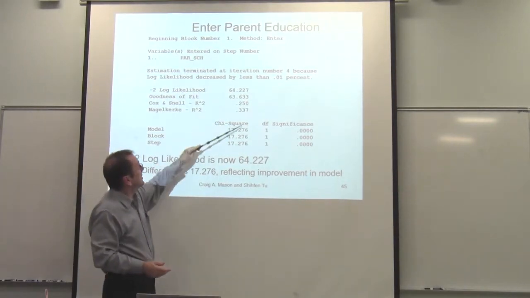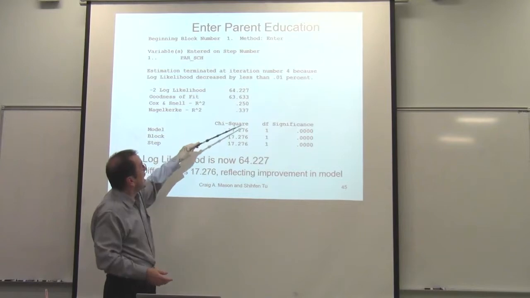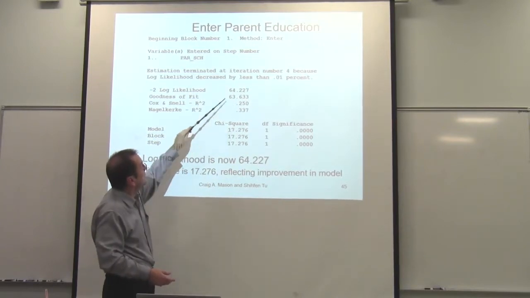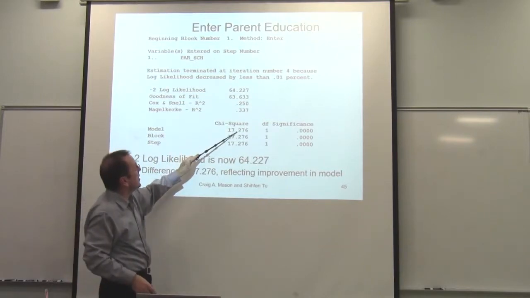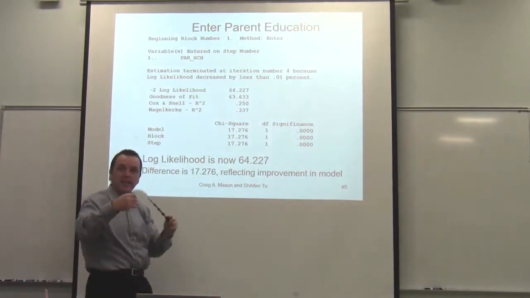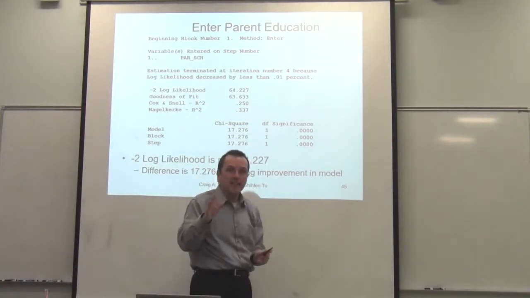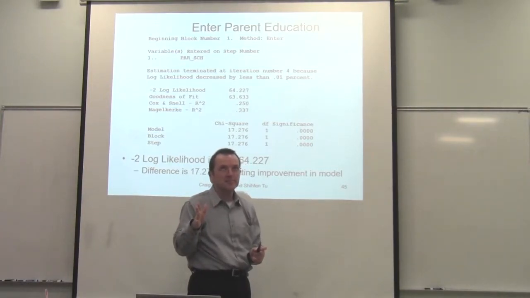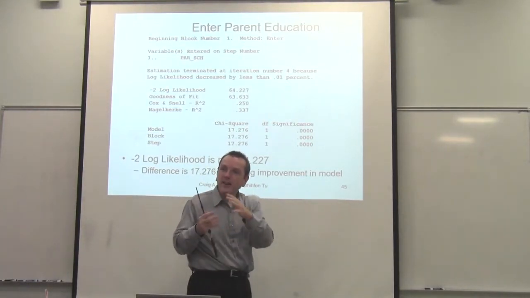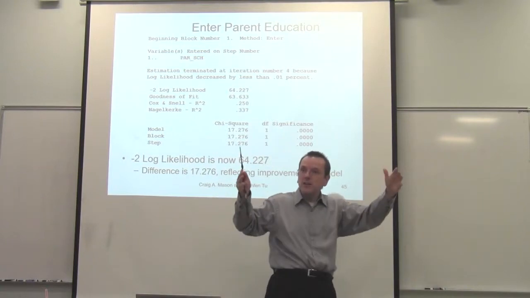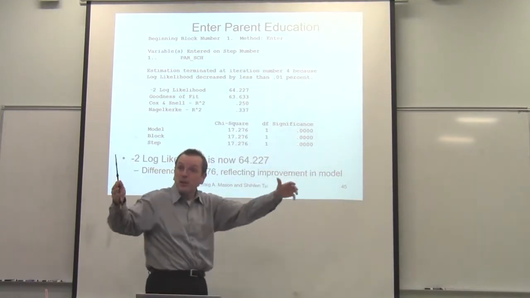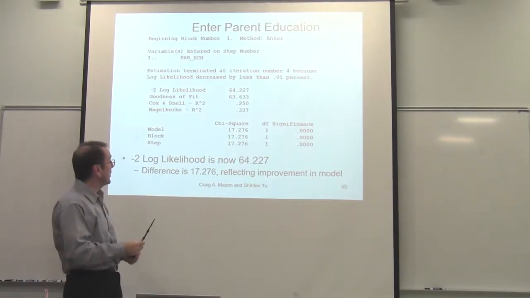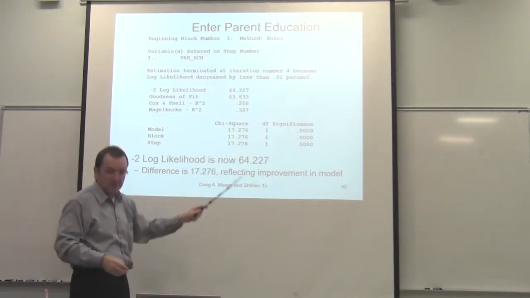This is just how much our old negative 2 log likelihood went down, by 17, to take us to this level. You can't think of these as variances, but in a way it's showing how we're accounting for that negative 2 log likelihood, that information we were starting with.